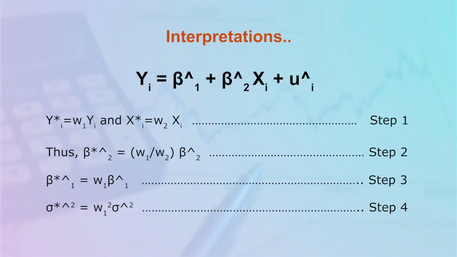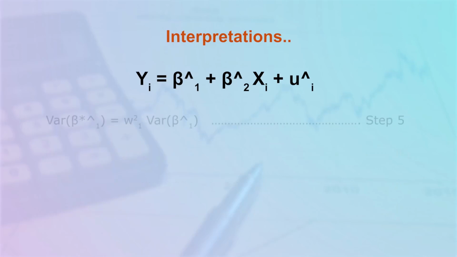Again we come back to equation number 4, or step number 4, which says the same: sigma star hat square will also be multiplied by the weight, w1, attached to the population variance. Next we have step number 5. In step number 5 we observe the variance of beta hat star, which is w1 square times the variance of beta 1 hat.